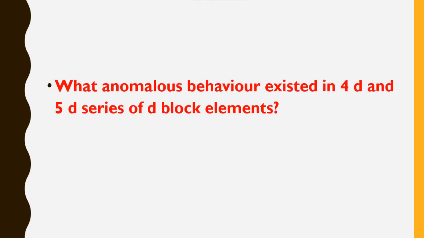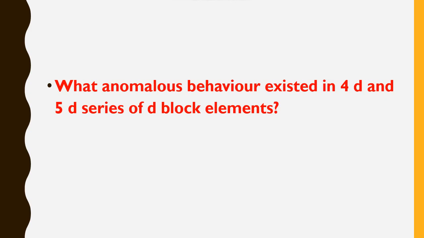Okay, next question. What is the anomalous behavior existing in the 4D and 5D series of D block elements? The 4D and 5D series, already explained where they are in the periodic table, are below the scandium 3D series, scandium to zinc.